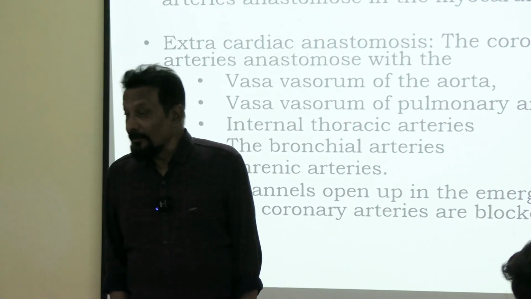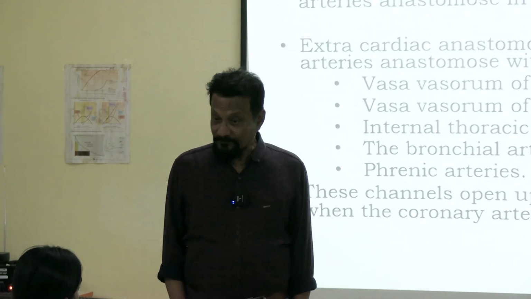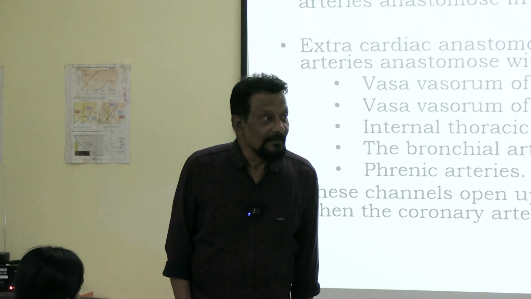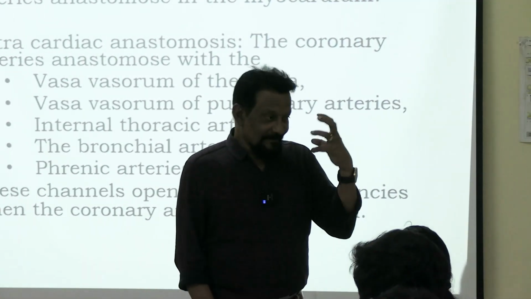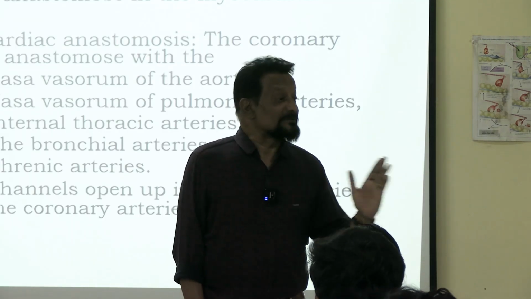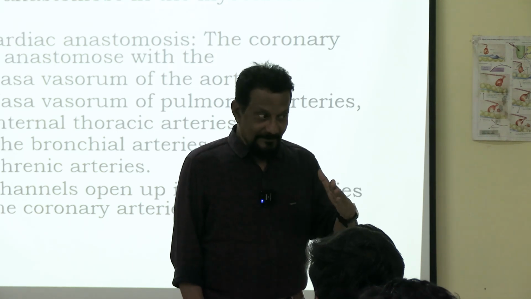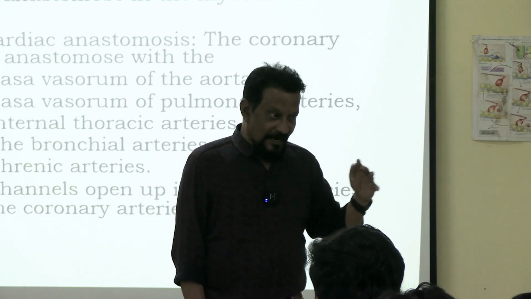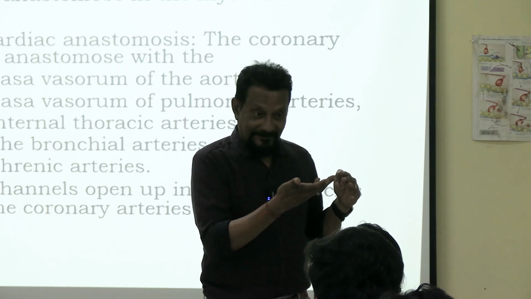When your cardiac muscle cells are in crisis. In crisis means blocked, partially blocked. There is ischemia developing. Ultimately, this may lead to infarction. Total block is infarction. So when this ischemic change starts, collaterals also start to become activated.